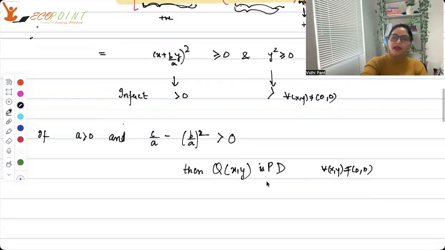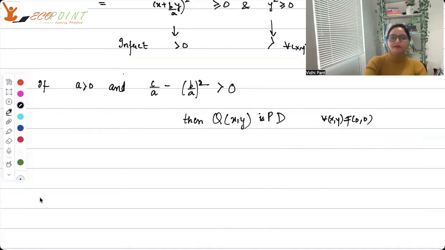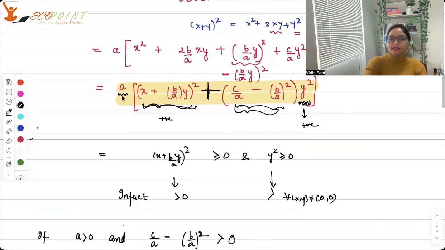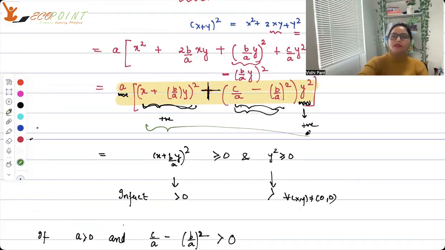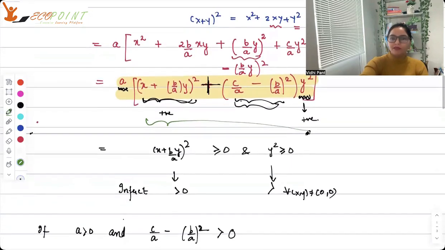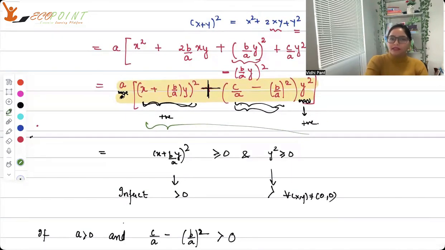Right? And on the other hand, if this a is negative, it's getting multiplied by the entire expression that you have here. So if it's getting multiplied by the entire expression, this is negative.